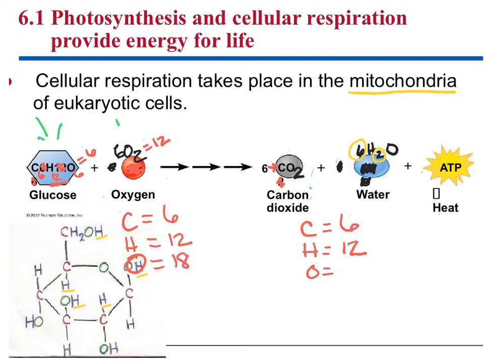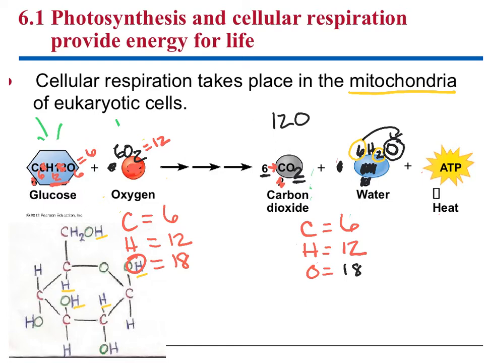Now let's go over on the right side of the equation and count the oxygens. We've got 6 times 2, that's 12 oxygens, and then we've got to account for these oxygens here. There are 6. So 12 plus 6 equals 18.